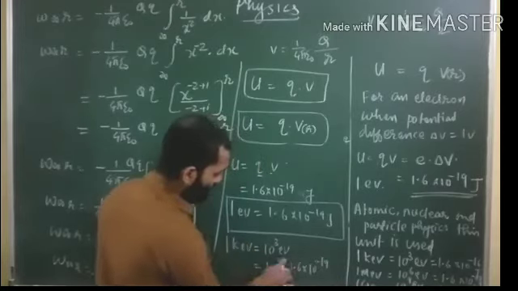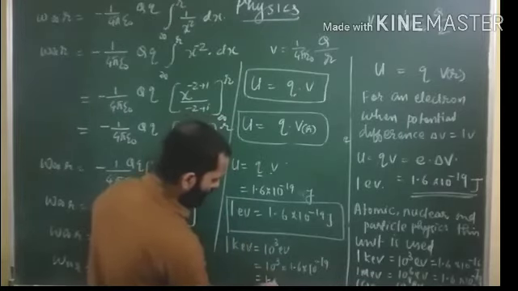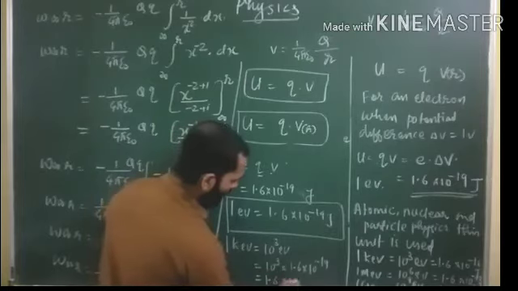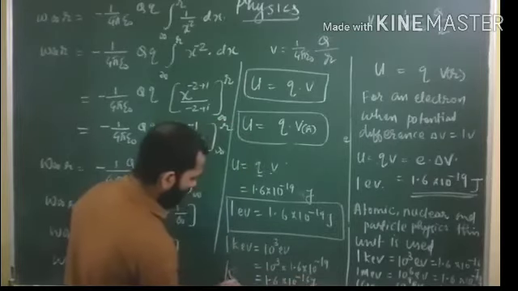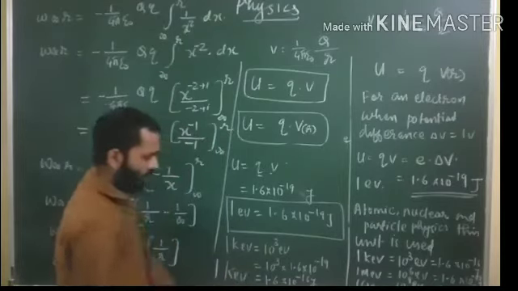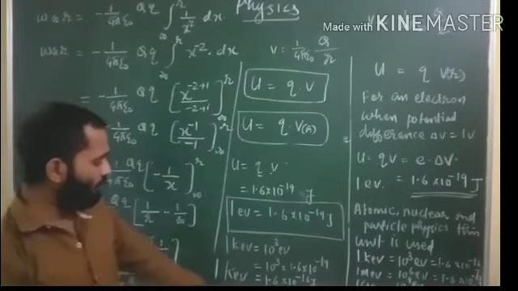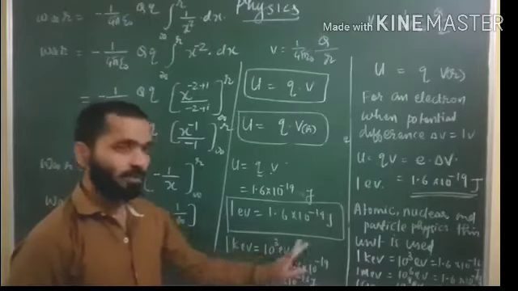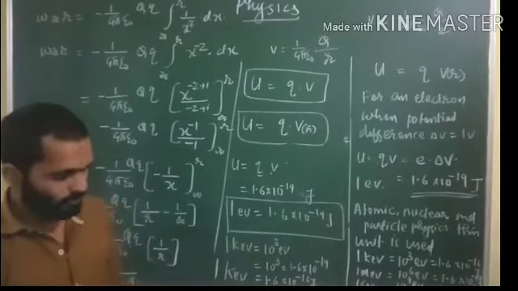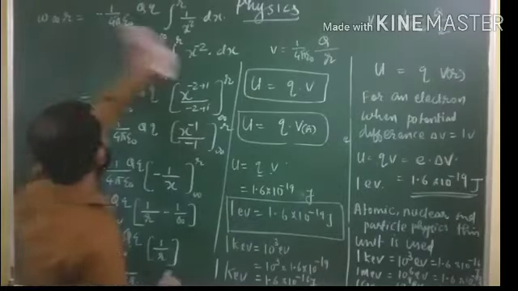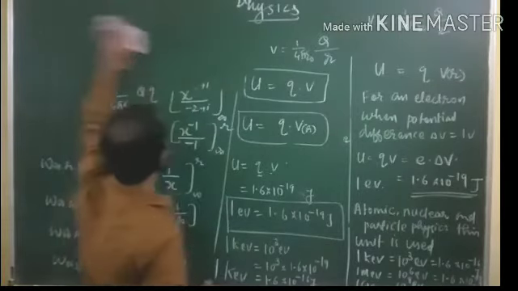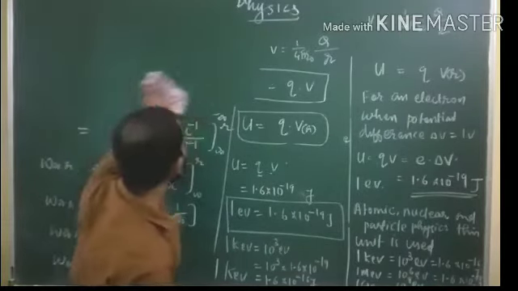When we multiply this, it will come to 1.6 into 10 to the power minus 16 joule. So 1 kilo electron volt will be equal to 1.6 into 10 to the power minus 16 joule. Once again students, another important unit is 1 mega electron volt.